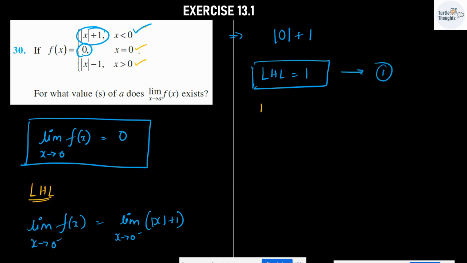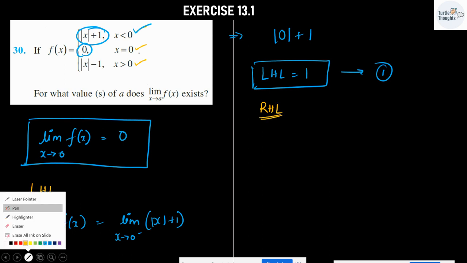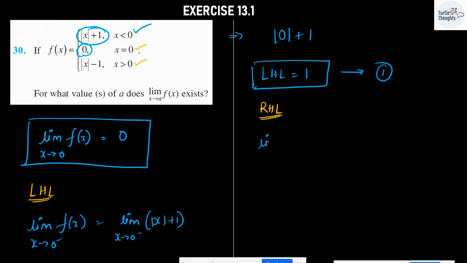Next, I will be considering the RHL. Mathematically, RHL can be written as limit of the function f of x as x tends to 0 positive. When x is greater than 0, I should be considering the third function, which is mod x minus 1. Limit of mod x minus 1 as x tends to 0 positive.